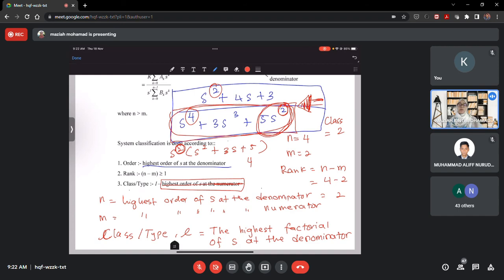So 3 types of classification: order, the highest order of S at the denominator; rank, the order of denominator minus order of numerator; and class, or type, the highest factorial of S at the denominator.